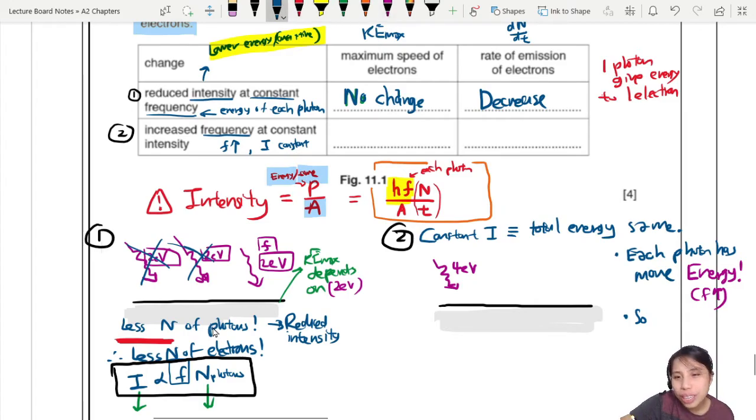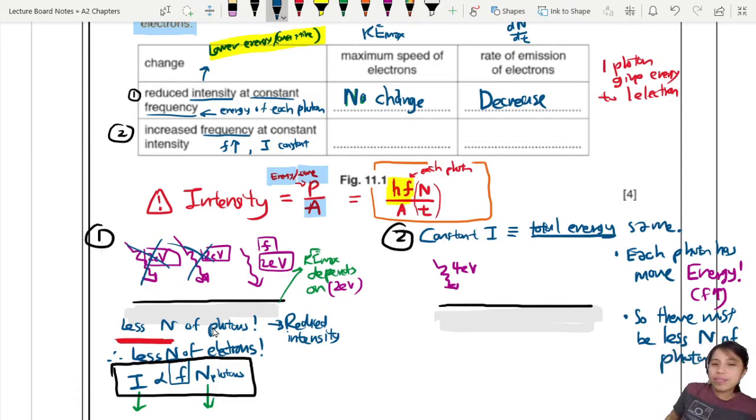How do you put those two together? Total energy is the same, but each photon has more energy. So that means there must be less number of photons coming in. Think of it this way: total energy is the same, but each photon has more energy, so there must be less of them.